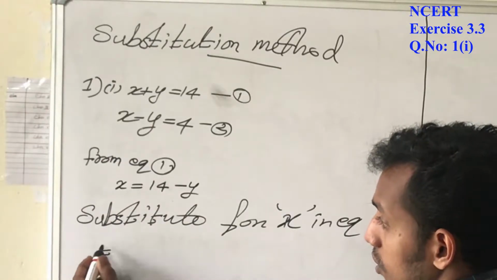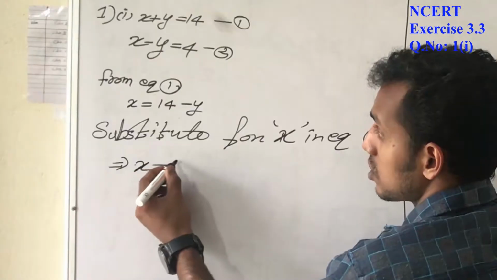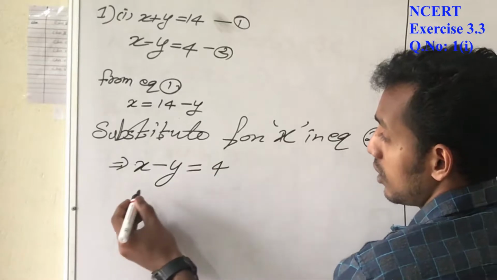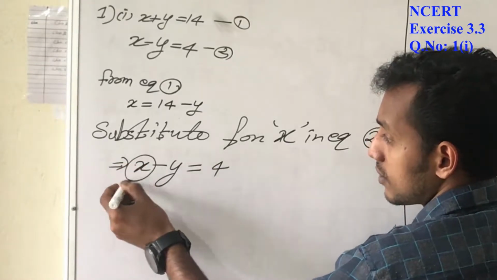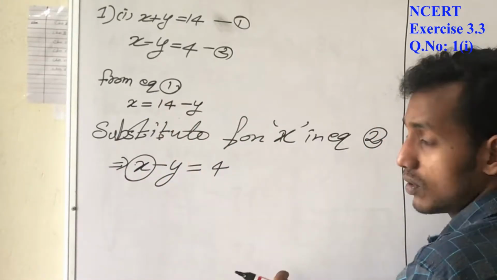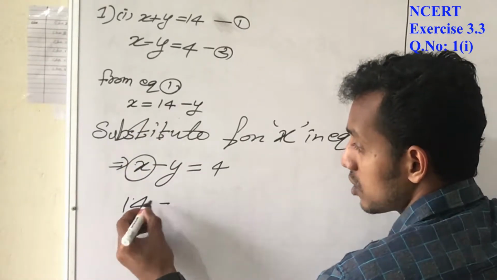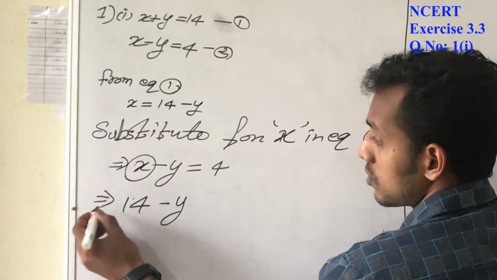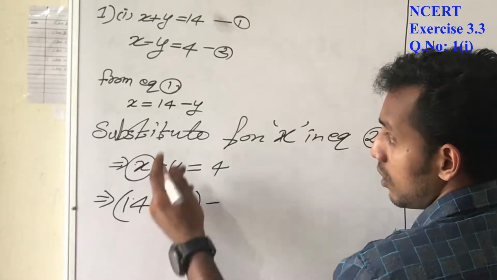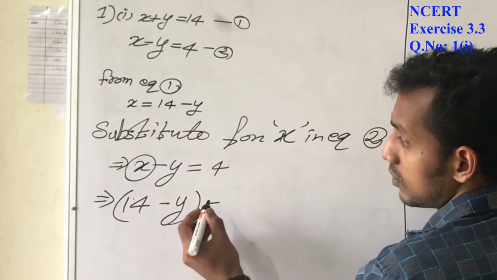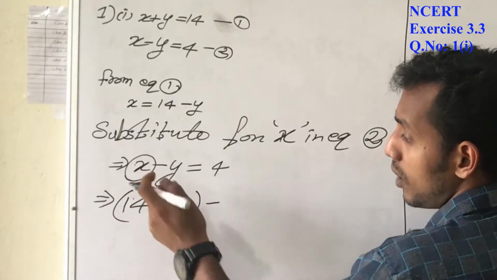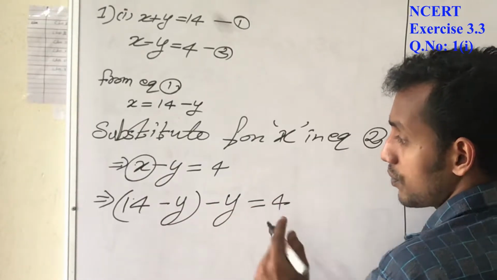So I am going to substitute here. We know that equation number 2 is x minus y is equal to 4. Substitute the value of x as 14 minus y. That implies 14 minus y minus y is equal to 4.